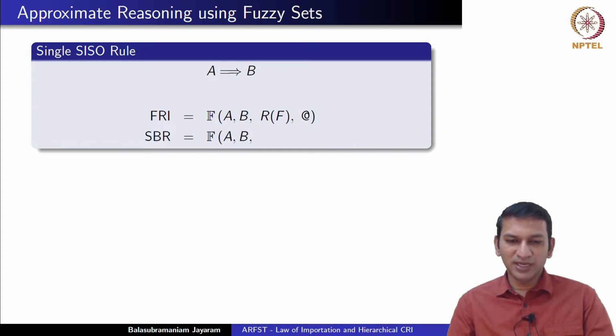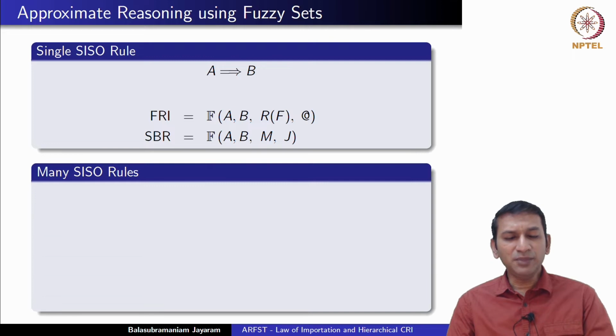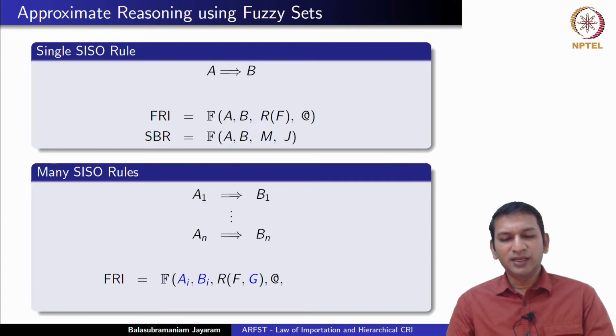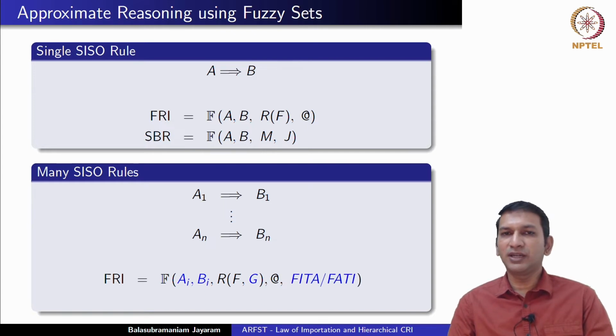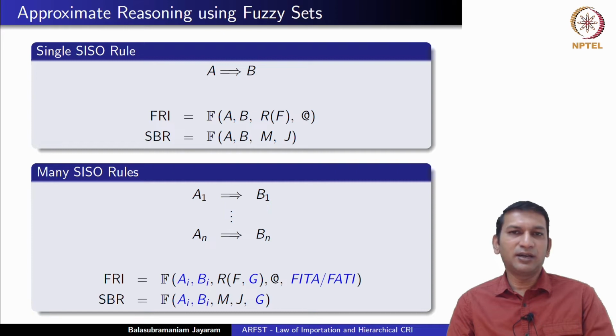In the case of an SBR scheme, we need a matching function and also a modification function. If you have multiple SISO rules, then we also need an aggregation function G in the case of an FRI, and also either the theta or the Fati inference strategy. Whereas in the case of an SBR, we will only need the aggregation function G as extra compared to having a single SISO rule.